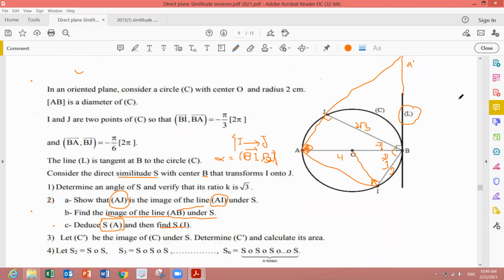Here comes J prime. So A prime J B J prime is a direct rectangle.